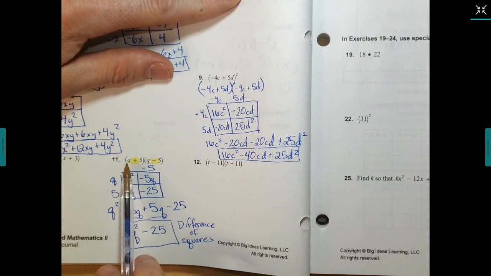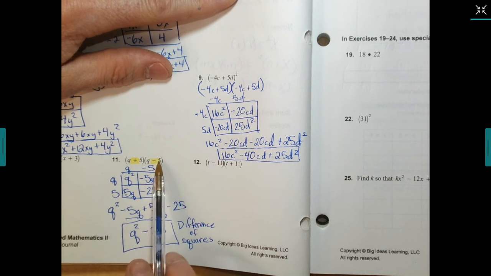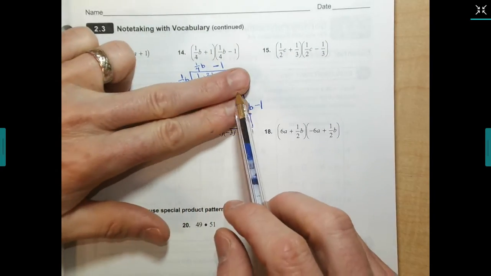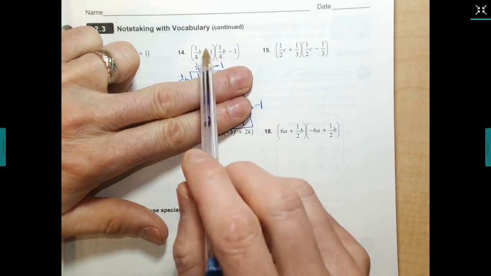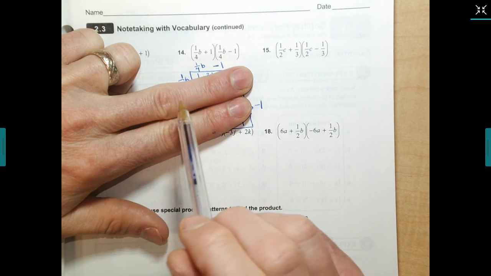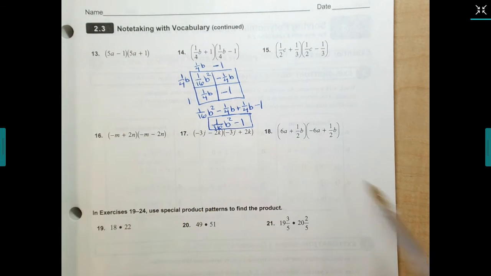Now, if I recognize this pattern where I have q plus a number, q minus a number, and I get q squared minus 25, look at this. Before I even do all of this, I can look at this and I can say this answer is going to be 1/16 B squared minus 1. Oh, shoot. I just did an even one.